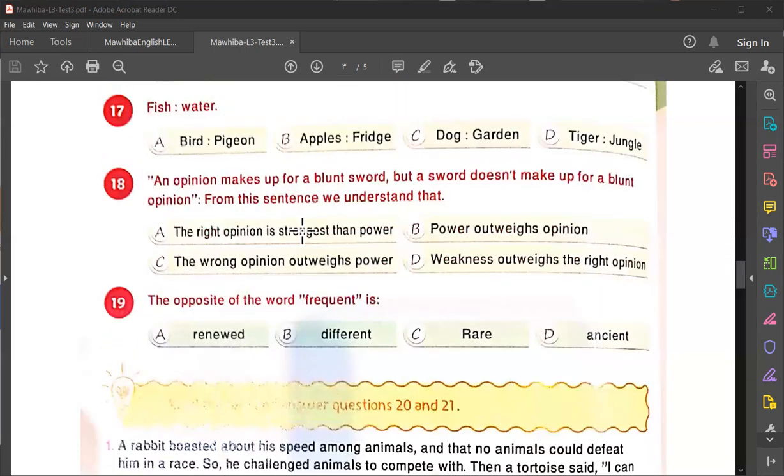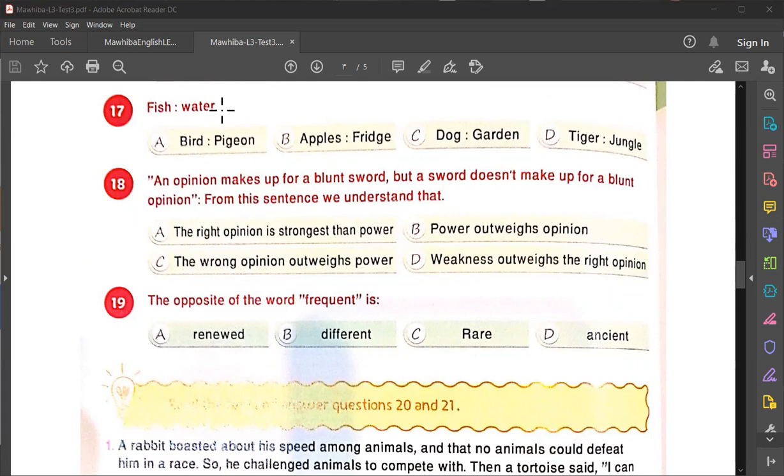Okay, number 18. What is it? Okay, I want to read the question and find the correct answer. An opinion makes up for a blunt sword, but a sword doesn't make up for a blunt opinion. So, yes, right.